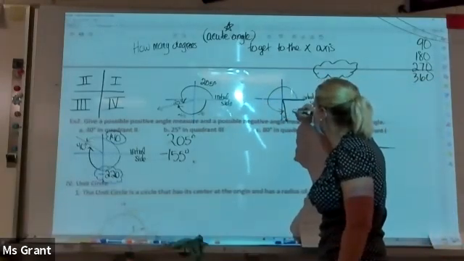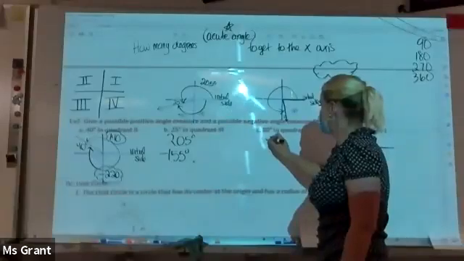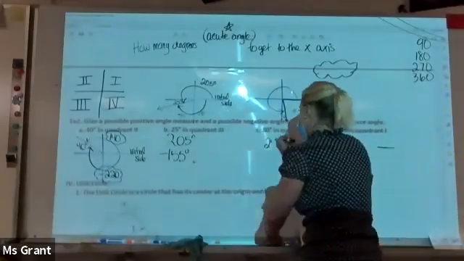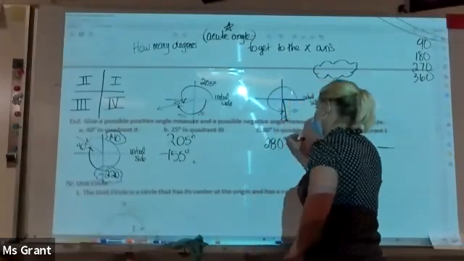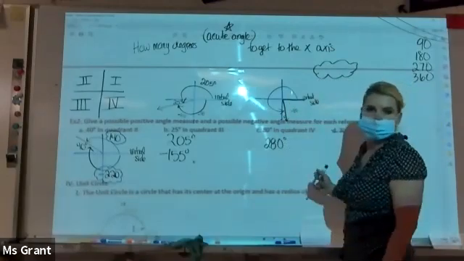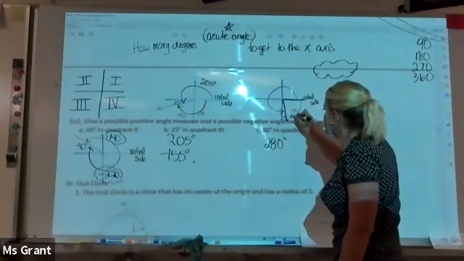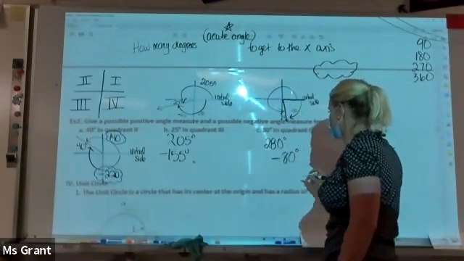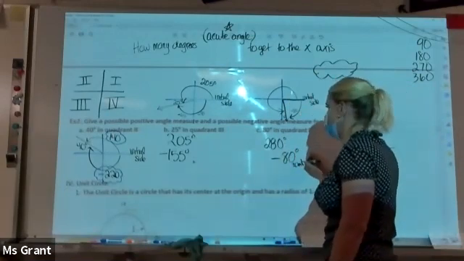This is 80. Wait, what did we say? 280 degrees. Going this way, well, it's already there. Negative 80 degrees. This is my acute angle.